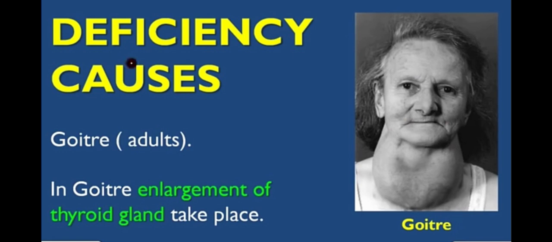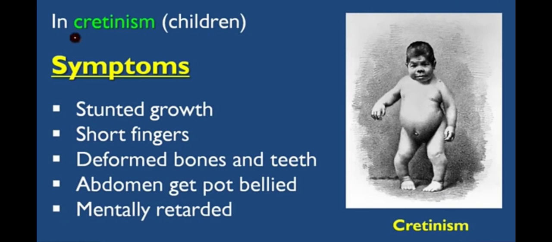If thyroxine is produced in less amount in our body, then in children it causes cretinism. Cretinism means, as you can see in the figure, that the body becomes irregular in shape. How can we recognize that a child is suffering from cretinism?